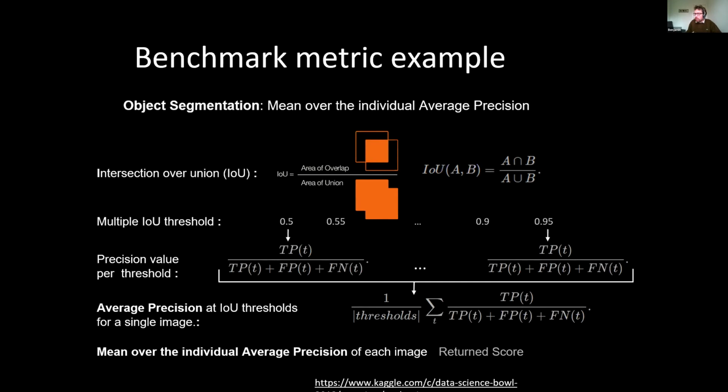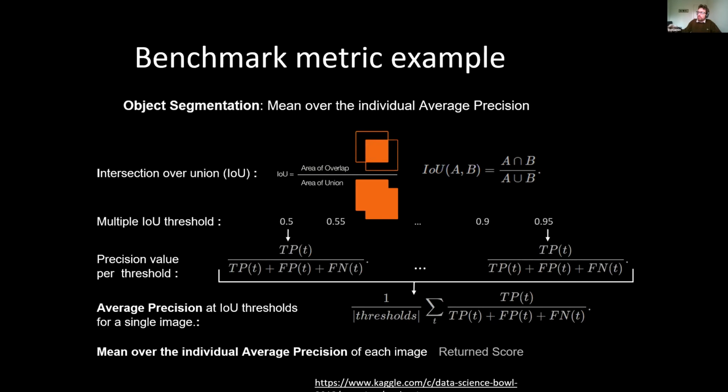specify different thresholds. We use the Data Science Bowl 2018 implementation, so we go from the threshold 0.5 to 0.95, incrementing by 0.05. For each threshold, we compute the precision value. The threshold is based on the intersection over union.